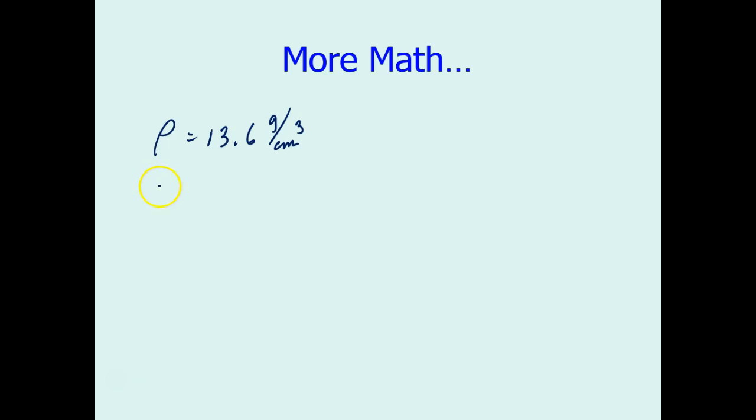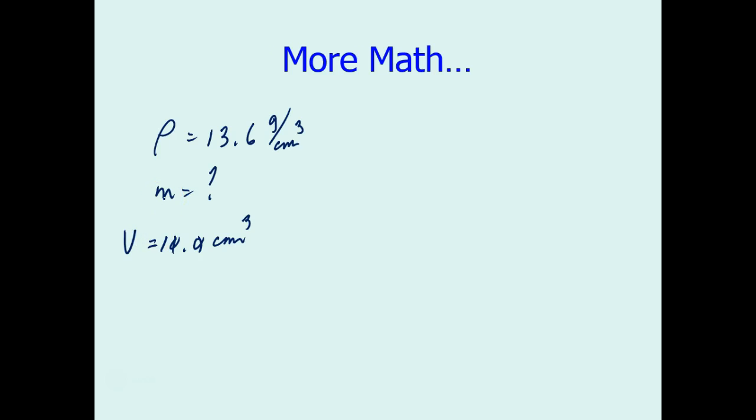What is the mass? So we're looking for mass, that's the unknown, of 10.0 cubic centimeters of mercury. Okay, what's that 10.0 cubic centimeters? That's volume. Your units are your friends here. Pay attention to them. That's your volume for the mercury.